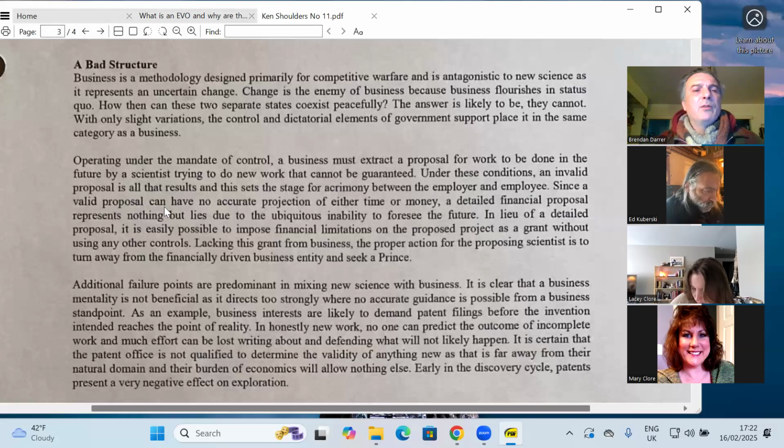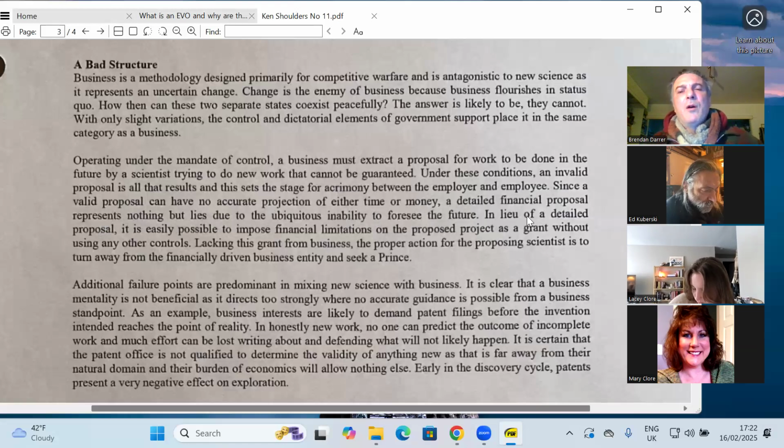Since a valid proposal can have no accurate projection of either time or money, a detailed financial proposal represents nothing but lies due to the ubiquitous inability to foresee the future.